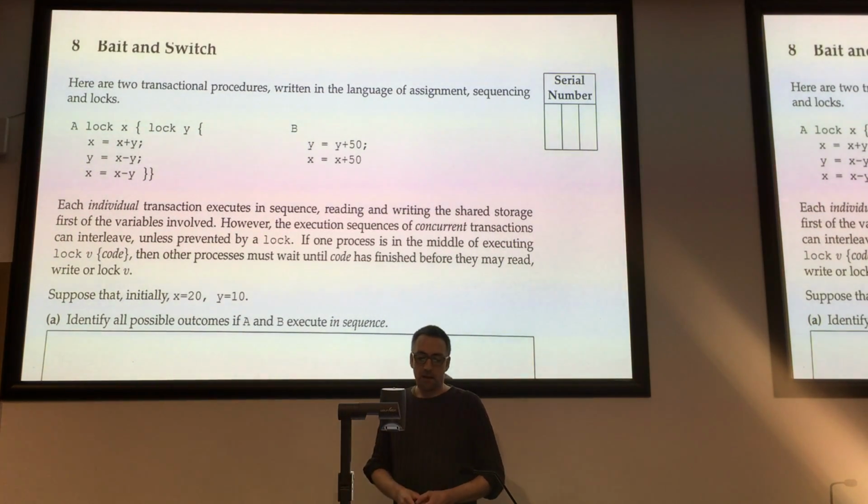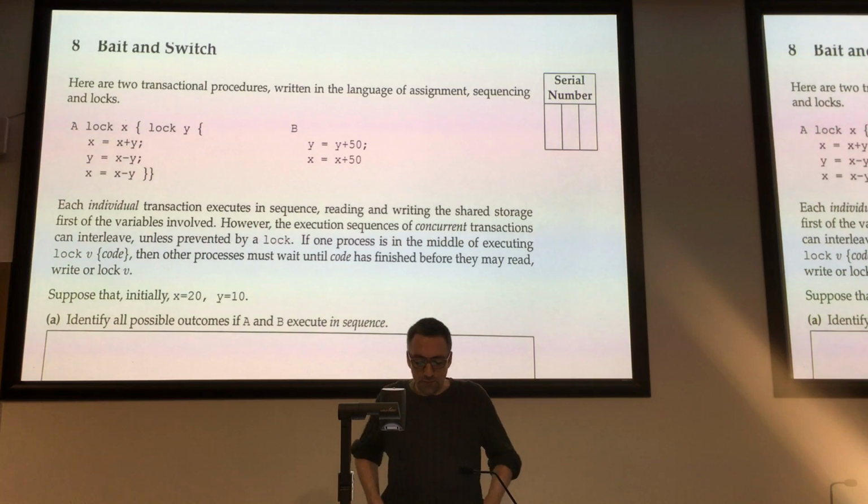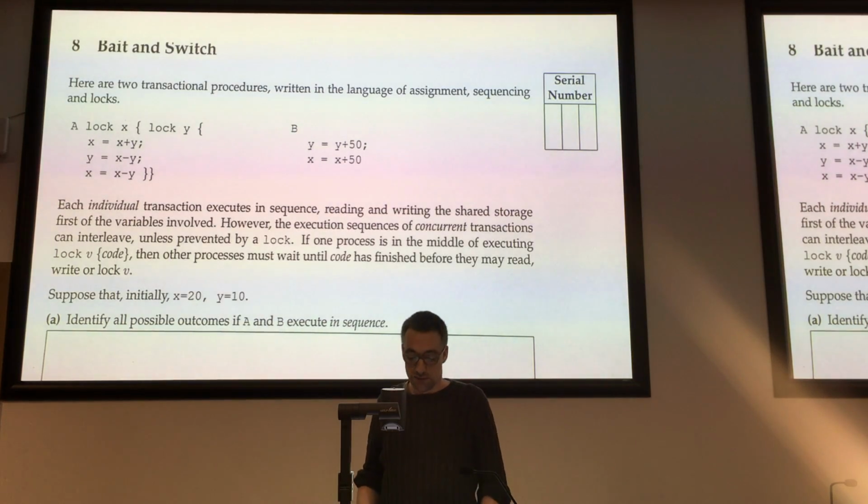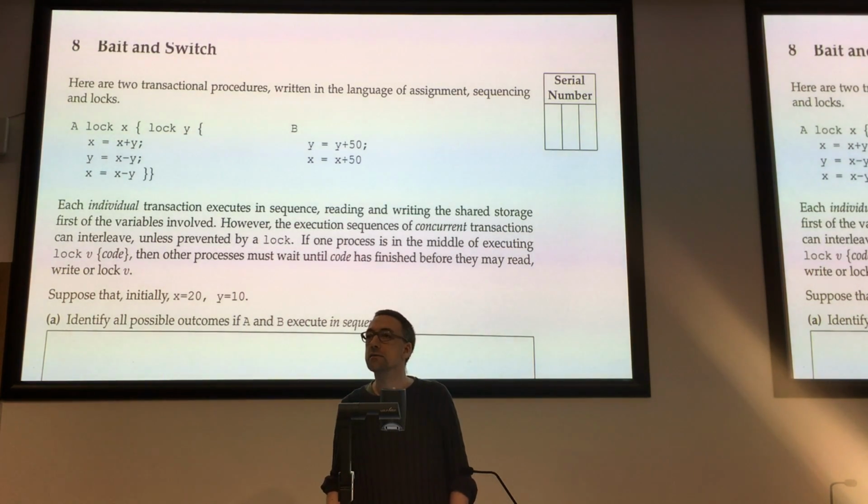Okay, we got two transactions, A and B. They're both written in terms of assignment, sequencing, and locks. Funnily enough. So you can see that A is atomic.